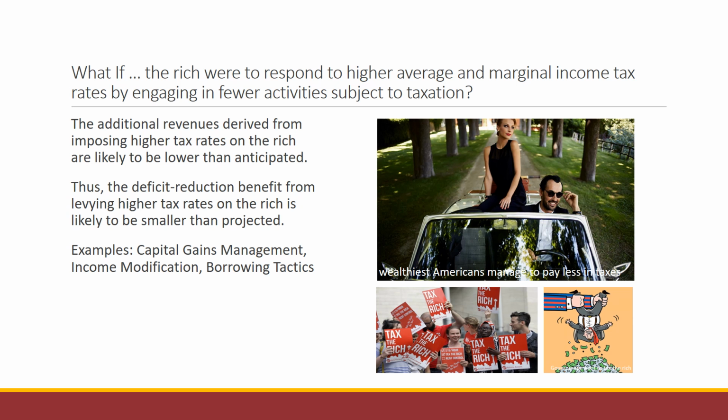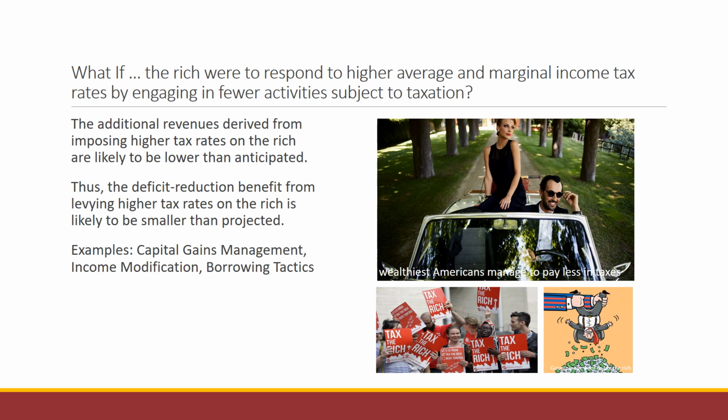Now, what if the richest were to respond to higher average and marginal income tax rates by engaging in fewer activities subject to taxation? The wealthiest Americans actually managed to pay less in taxes. The additional revenues derived from imposing higher taxes on the rich are likely to be lower than anticipated.